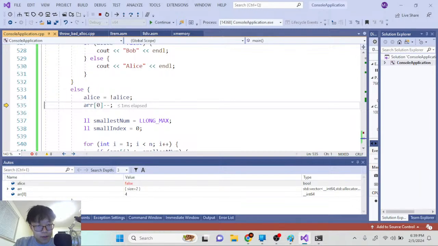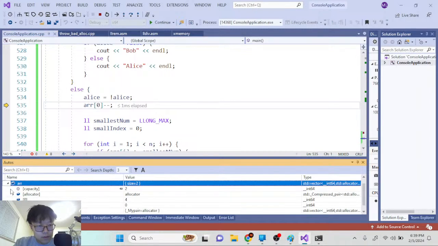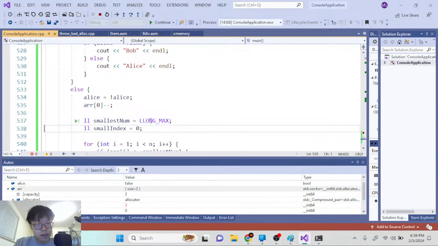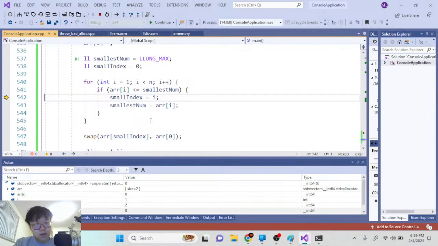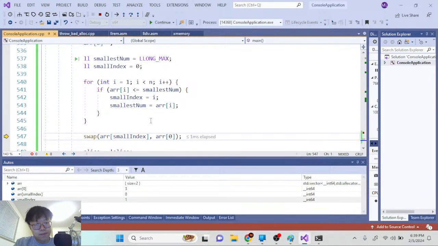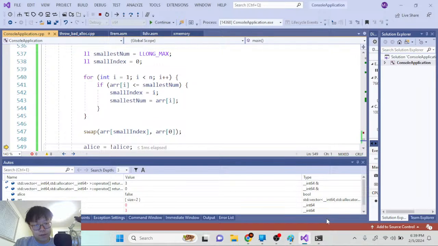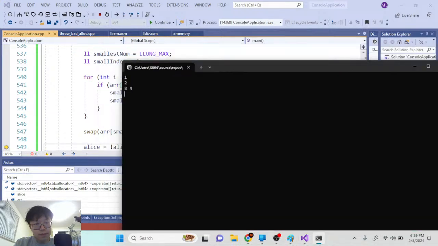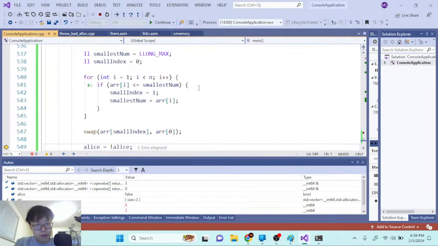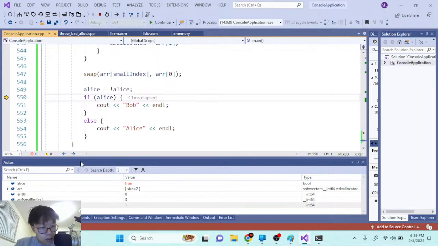Okay, now it's Bob's turn. 4-0. Okay, yeah. So now it's 0-3. It ends on Alice's turn. End of Alice's turn is 0-3.